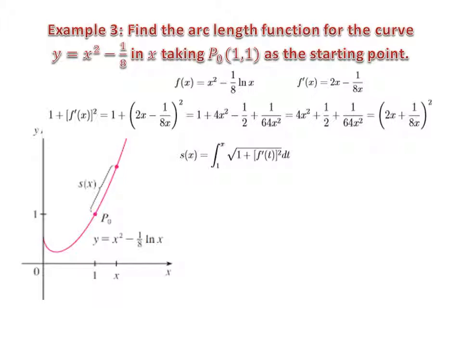Then we substitute this inside the formula given, and we can cancel the square root, and we get the integral from 1 to x of 2t plus 1/(8t).